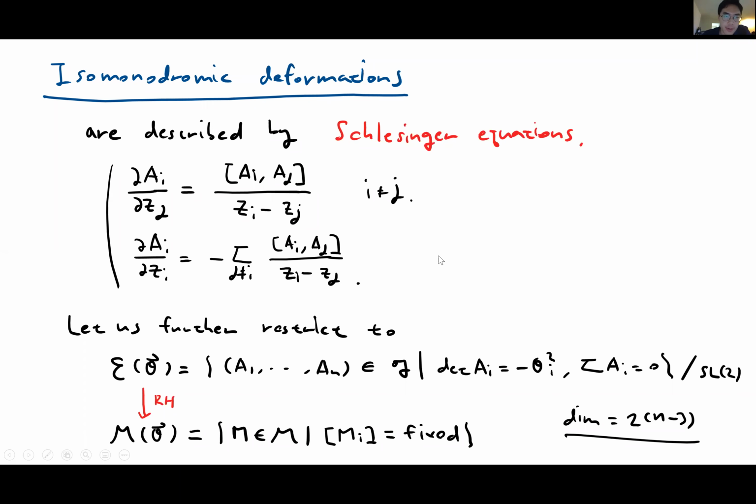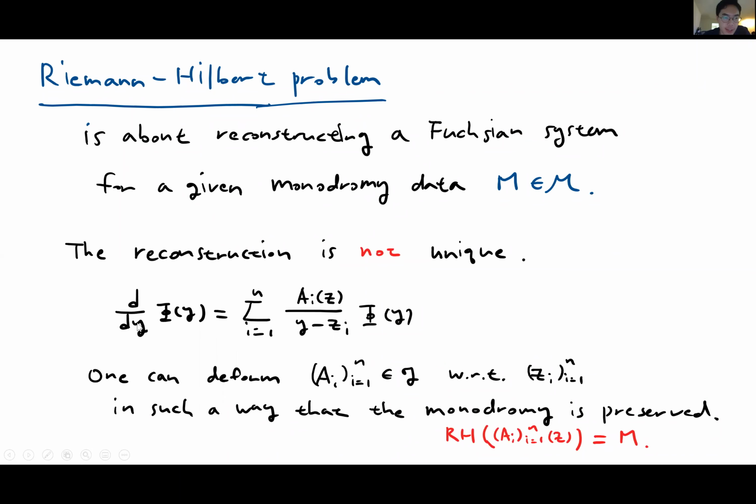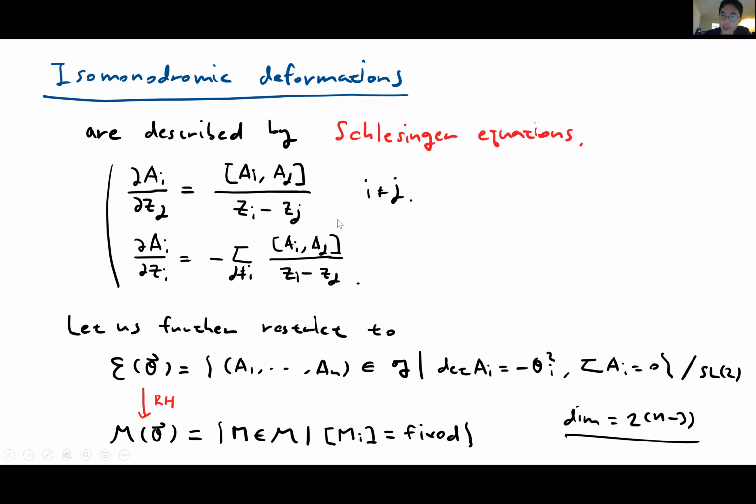You can see when A_i satisfies this differential equation, the monodromy is preserved, because you can take this d minus A as a certain meromorphic connection defined on the Riemann surface, and you can compensate the variations of A_i with some gauge transformation, and then the monodromy will not change because it's a gauge transformation. The variation is just a gauge transformation, and you can directly see that this equation implies that the monodromy is preserved.